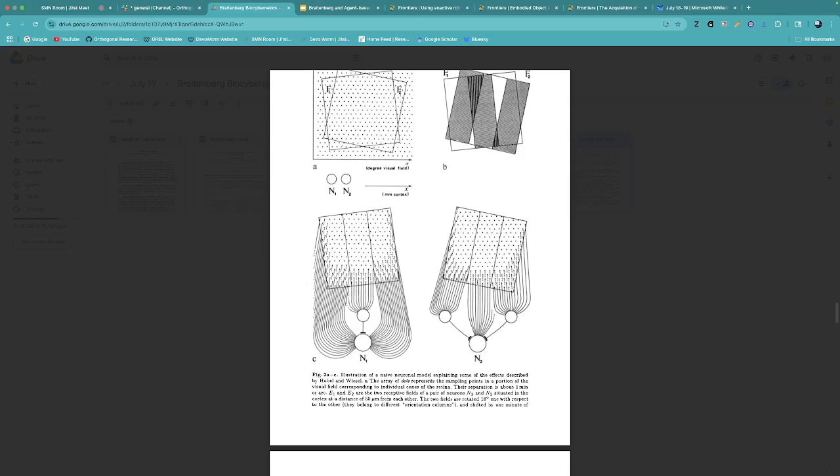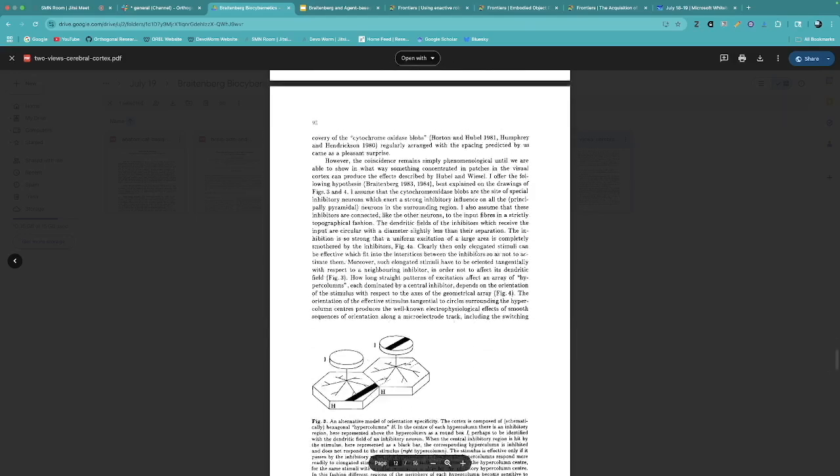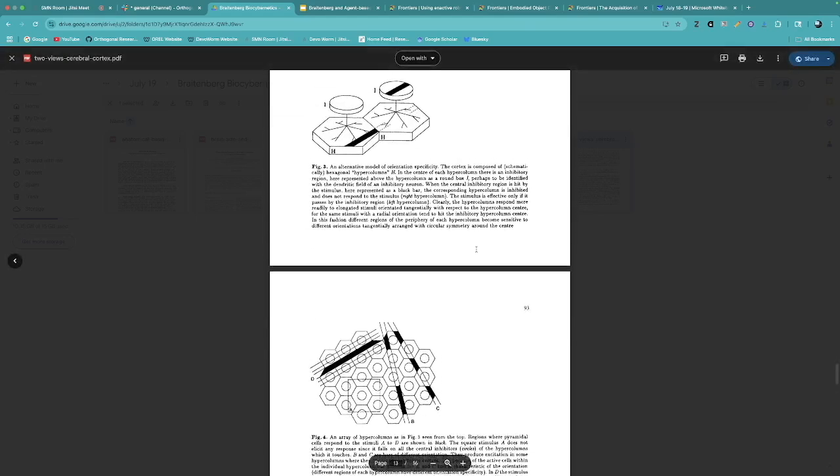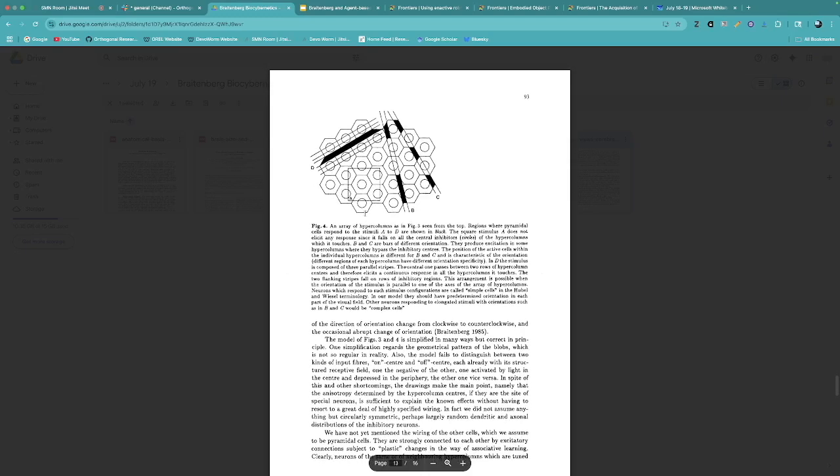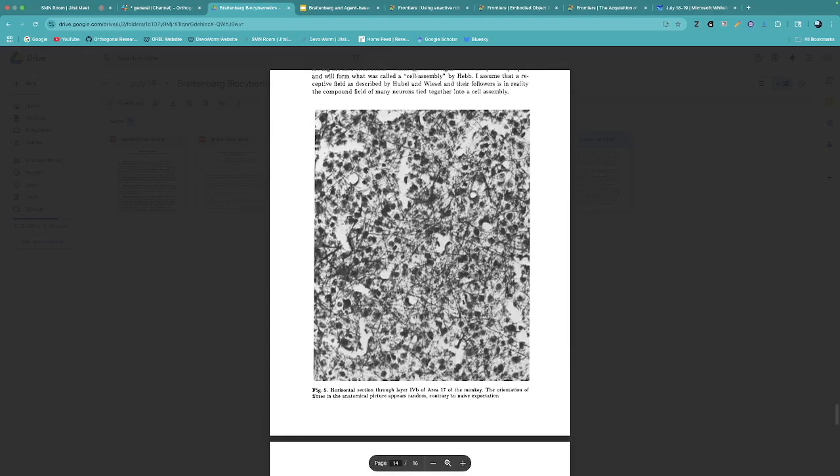They're shifted in orientation, in angle, but they represent the same spatial information. Then he has some nice drawings of orientation specificity. This is an array of hypercolumns seen from the top. So he's really into drawings and linking that with these histological images.